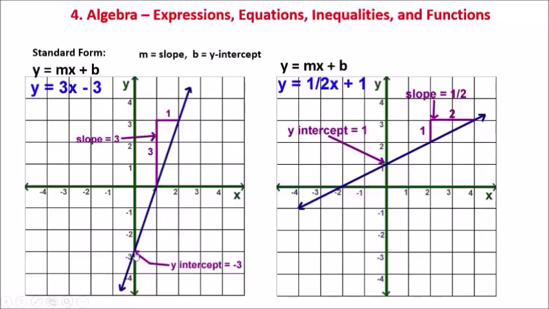Now you just need to remember algebra and plug in. y equals mx plus b. For the blue line, m is 3, so you put 3, and the intercept is minus 3, so plug in b equal to minus 3. So you can write the equation y equals 3x minus 3. That's the equation of that line.